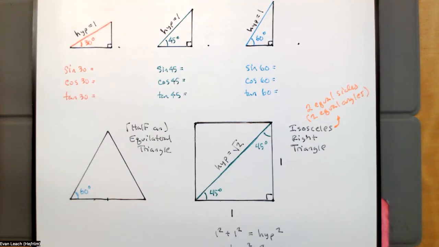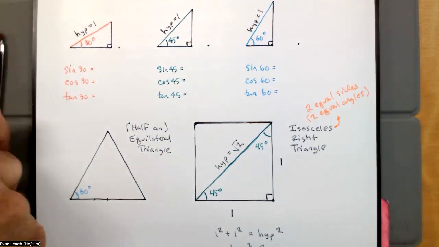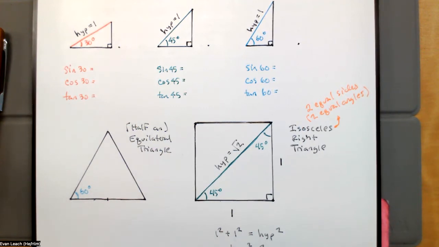But what we're going to do is use similar triangles. I'm going to divide the hypotenuse by the square root of 2 to make its length equal to 1. So I'm going to use similar triangles and divide all the sides by the same factor.